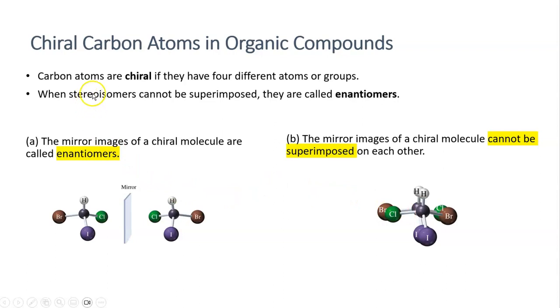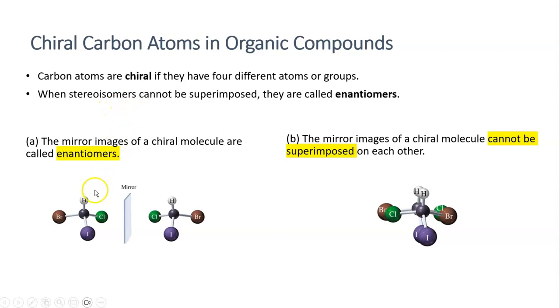We are interested in chiral carbon atoms in organic compounds. When it comes to organic compounds, how can you identify whether a carbon atom is chiral or not? This is identified by checking for the different atoms or groups attached to the carbon atom.